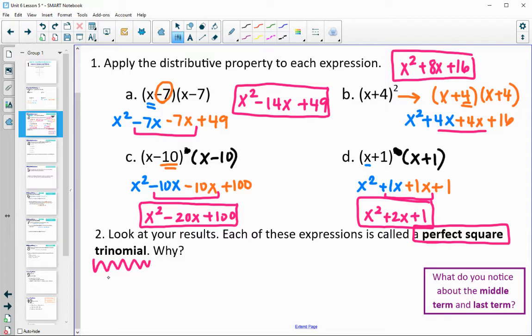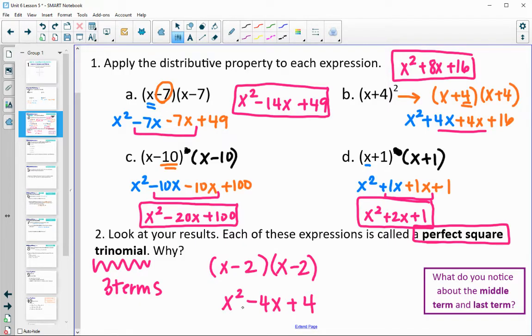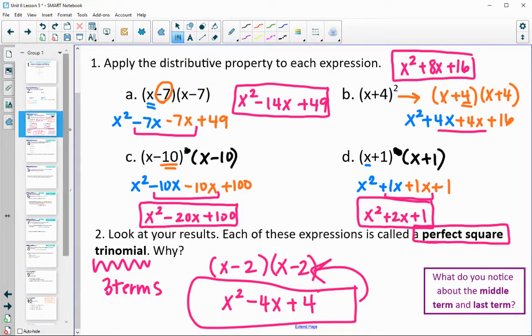Trinomial is because we have 3 terms. So the perfect square trinomial, we multiplied something times itself, and the result that we got was a perfect square trinomial. So this thing came from multiplying 2 binomials together, the exact same binomial.